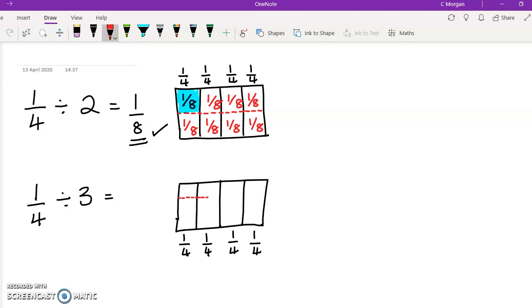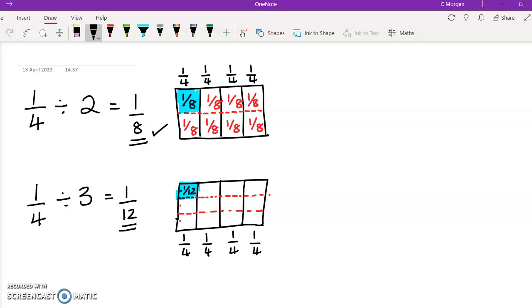So I've got my first division there, my second division, which gives me 1, 2, 3 pieces for each quarter. I can see that if I count the number of pieces, the number of little chunks of chocolate is 12. So each one represents 1/12. So I think that 1/4 divided into 3 pieces is 1/12.